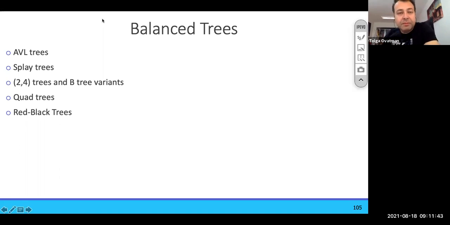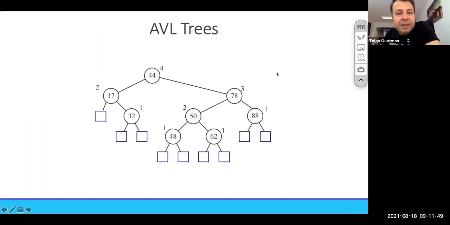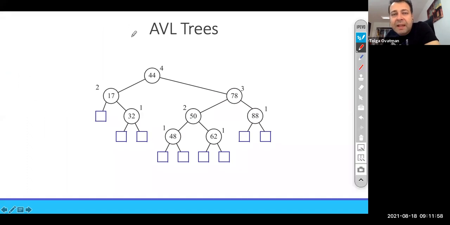All right, so let's begin. One of the very basic structures that you can build in order to make a balanced tree is what's called AVL trees. AVL are the capital letters of the people who came up with this idea.